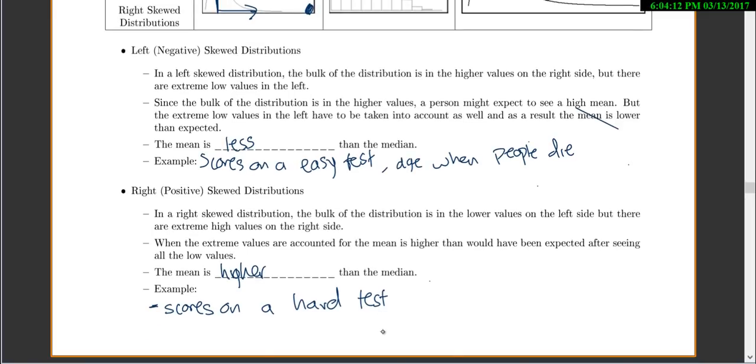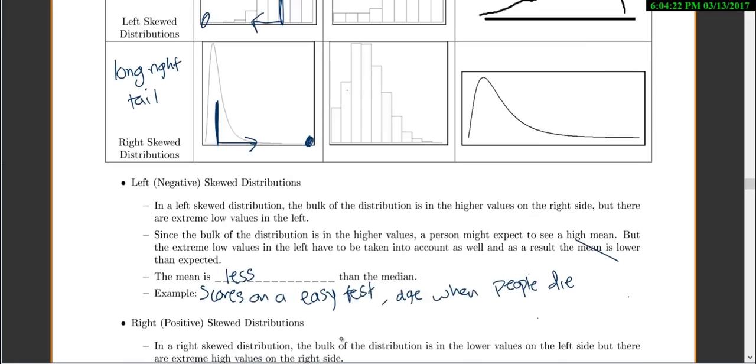My favorite example, though, is people's salaries, because most people have those low, normal, average, middle-class salaries, but you have a few really rich people out here. Now, if you include the really rich people in your data set, are they going to pull the average up? Yeah, by a lot.